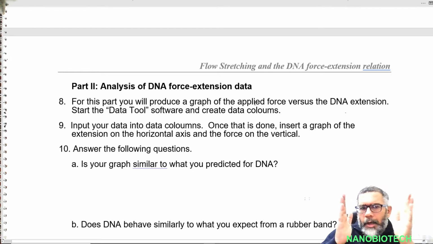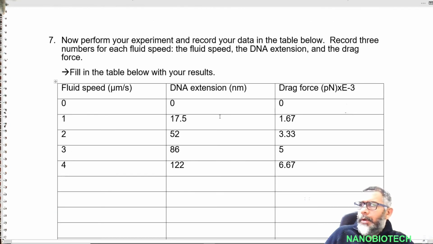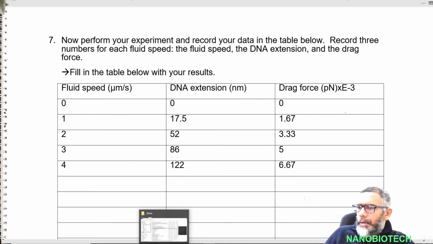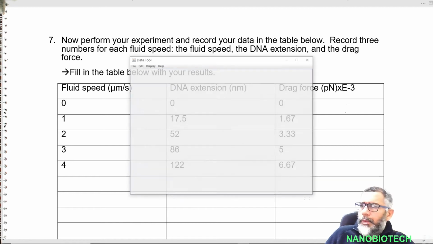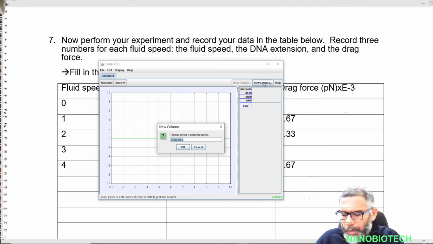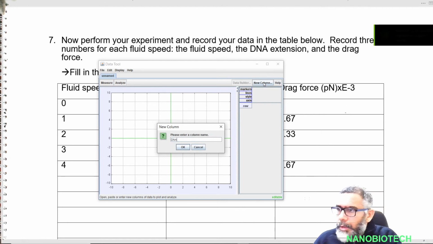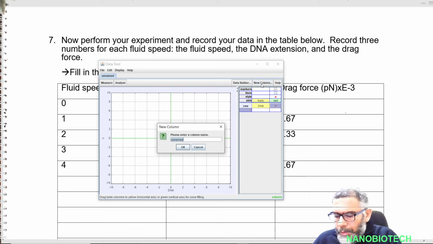There will be 3 columns. These are going to be plotted by using the data tool. Okay, this is the data tool. You will put in the DNA location column, the fluid speed, and the force.